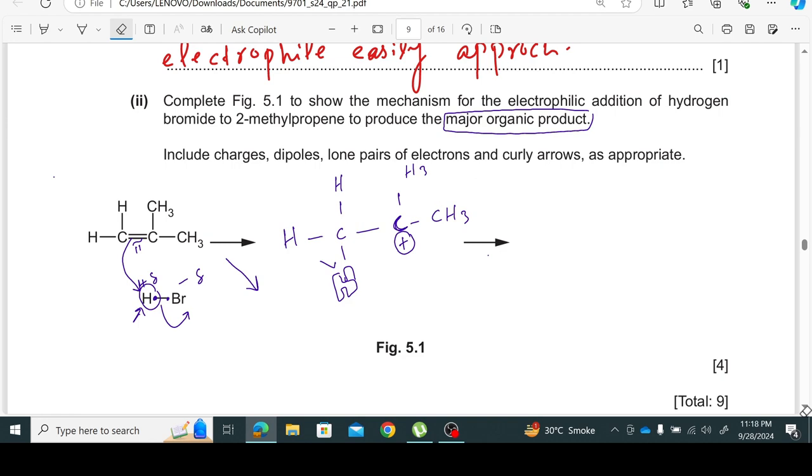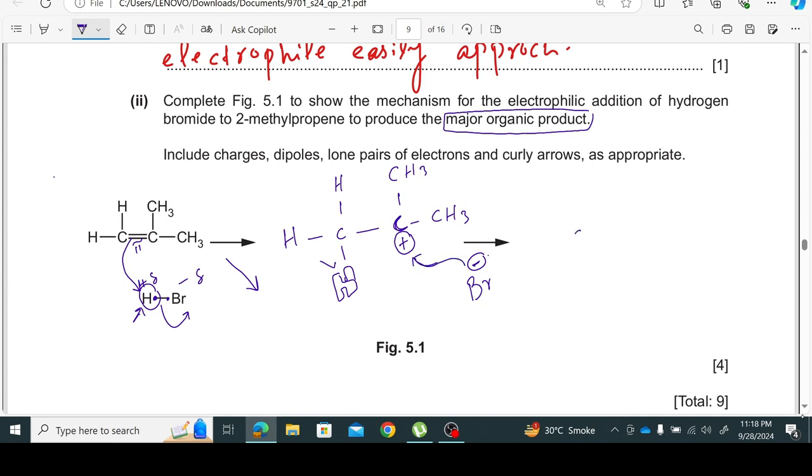Let me write it again. Here, your CH3. So you will get this. Now what will happen? It is bromide with a negative charge, so the negative charge will attack this carbon.